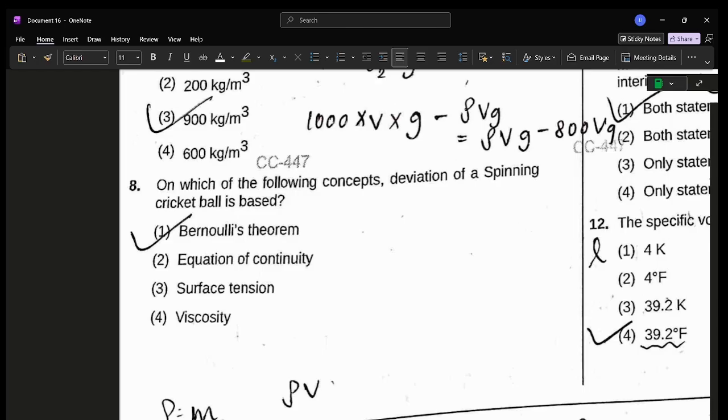That's good enough. Next, we have the equation of continuity. So what they tell here is flow rate remains constant.